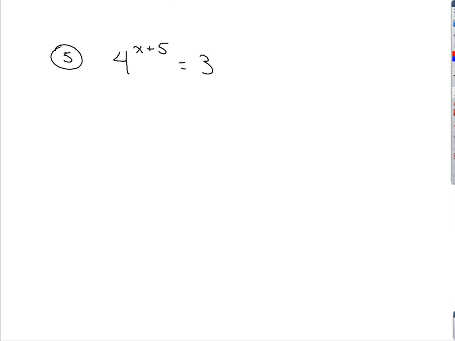All right, so example 5 here, very similar to example 4. We've got the exponential expression already by itself. So like I did on the previous problem, I'm going to apply a natural log to each side. I've got the natural log of 4 raised to a power of x plus 5. That equals the natural log of 3.